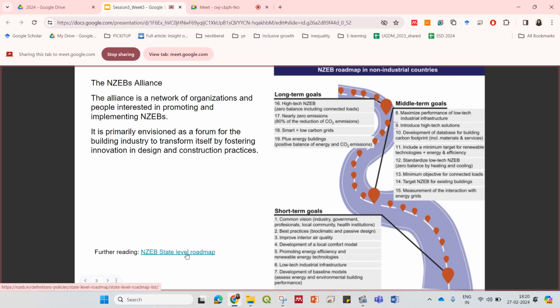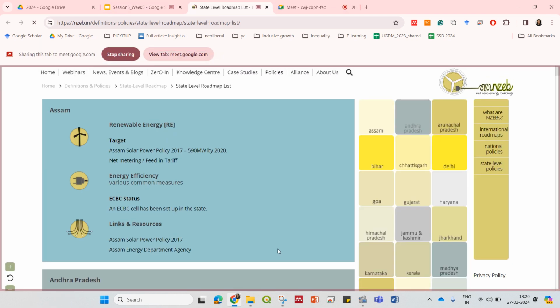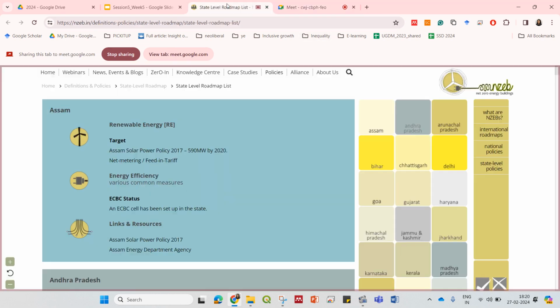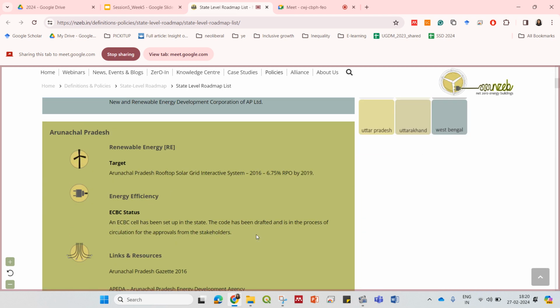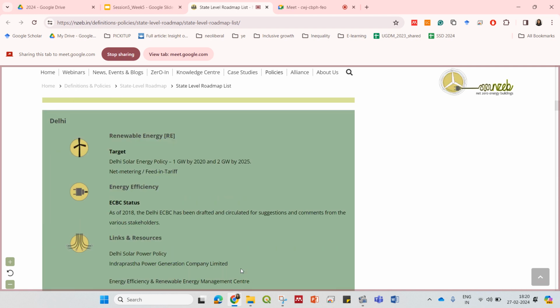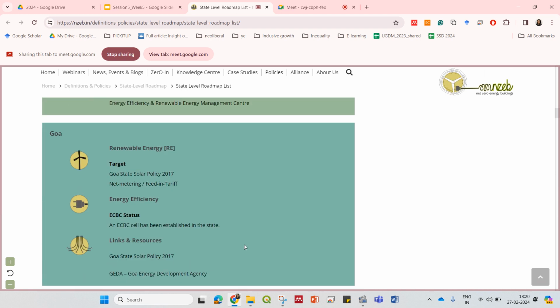I've also added an additional reference for you if you want to take a look at it. This is the page of the NZDB Alliance. So you can go and you can see the details about the different states, what they are trying to focus on regarding the alliance, what roadmap they are following.